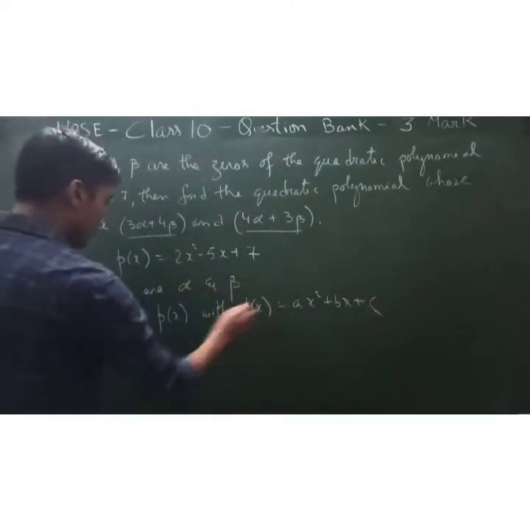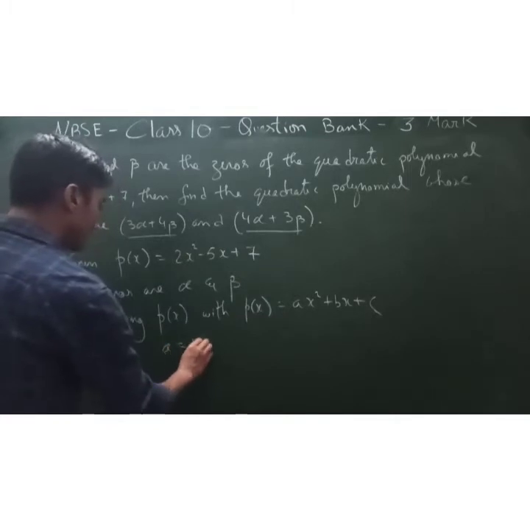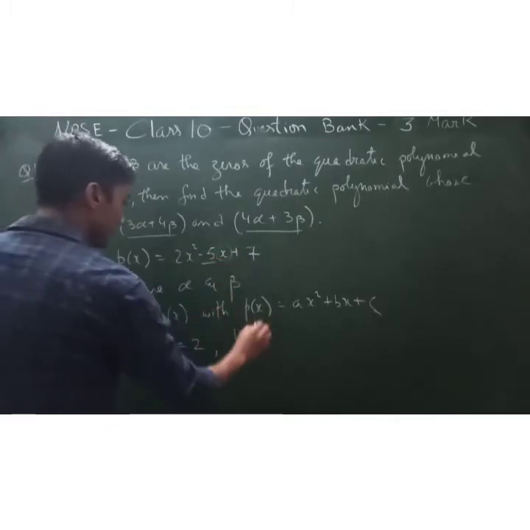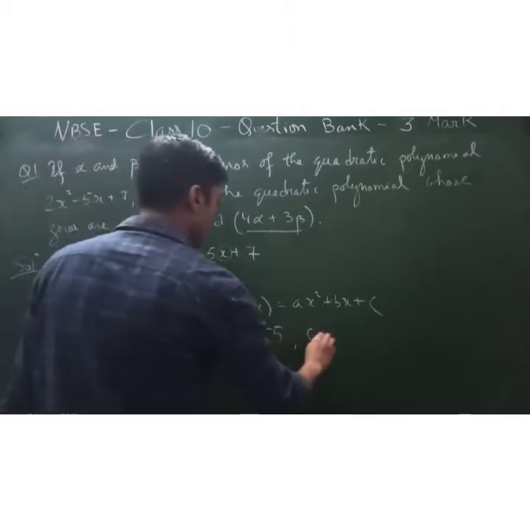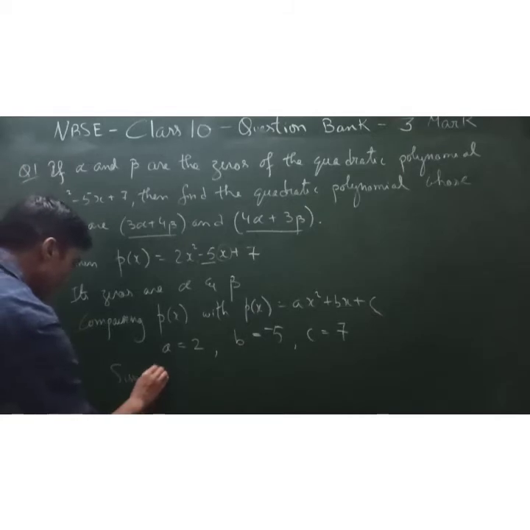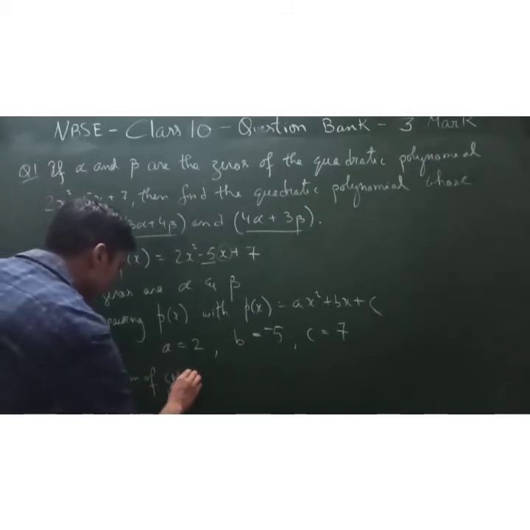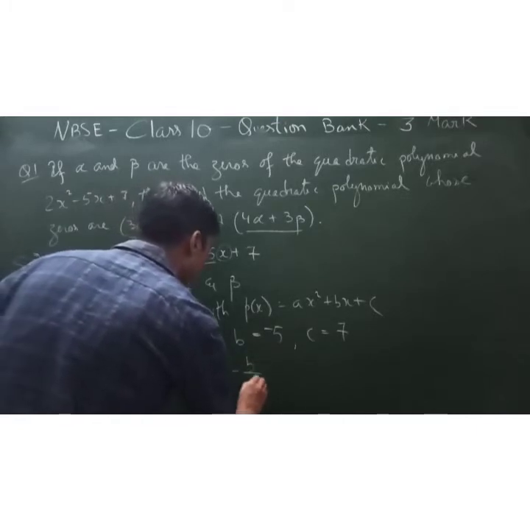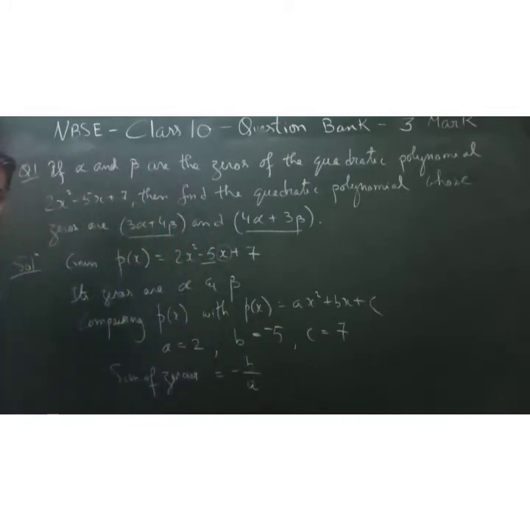If we compare these two, then our value of a is 2, the value of b is minus 5, and the value of c is 7. So as we know, sum of zeros is minus b by a.